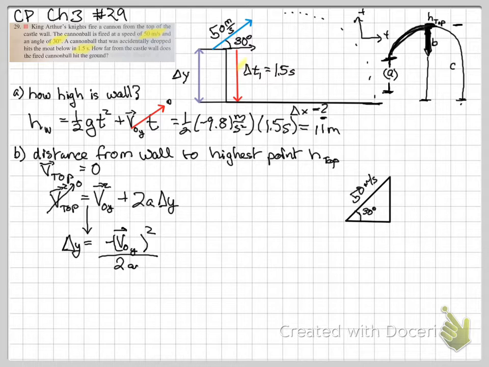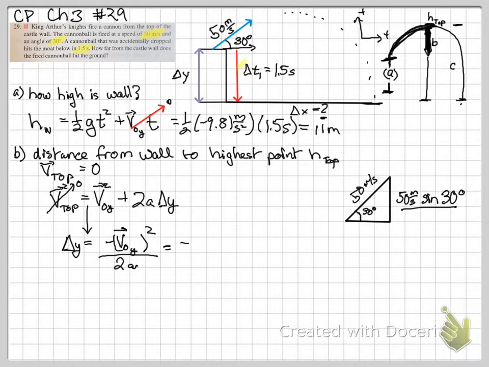In this case, the initial velocity isn't going to be the full 50, and we have to think about what portion is going to be going upward and what portion is going to be going sideways. So first, we know that that segment is going to equal 50 meters per second, the magnitude of the hypotenuse, times sine of that 30 degrees. And that's going to get us that portion.